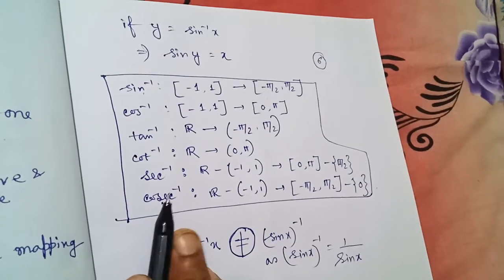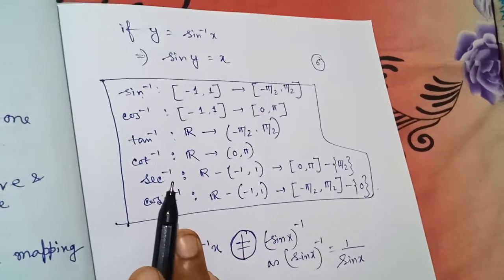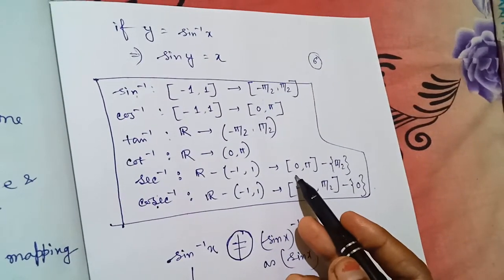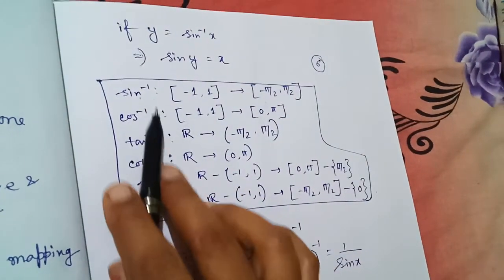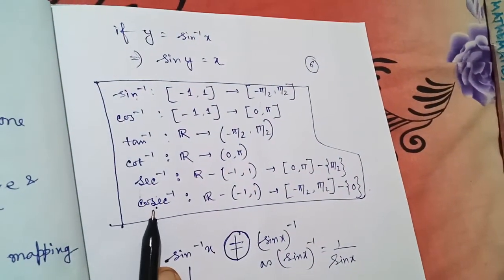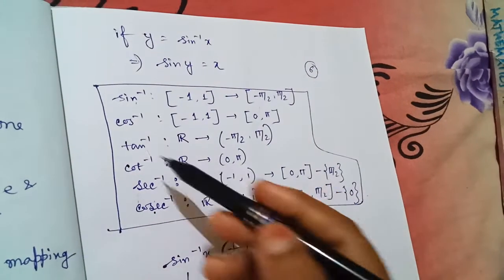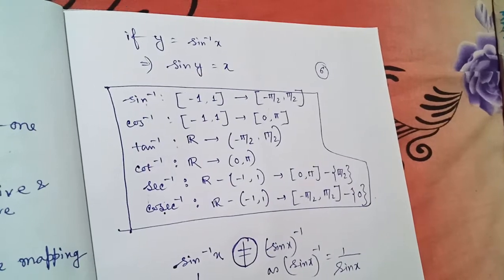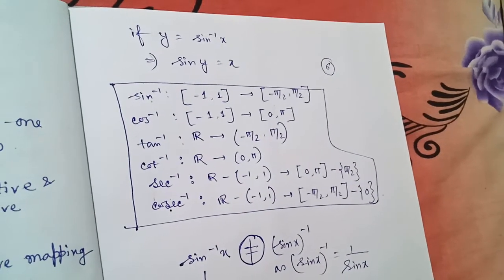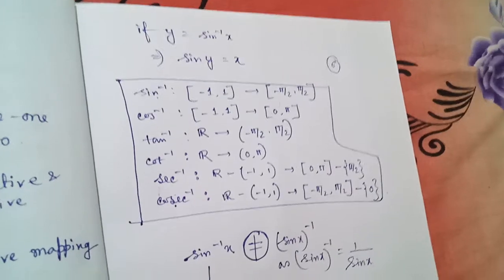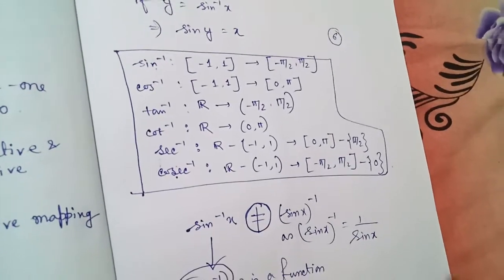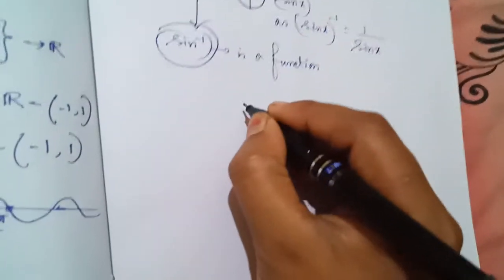Now, the value of an inverse trigonometric function which lies in the range of the principal value branch is called the principal value of that function. Okay, now with that note, we can do some examples.